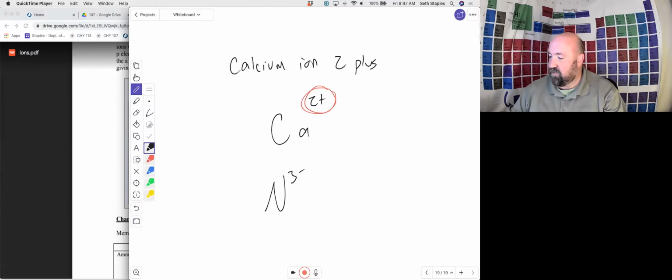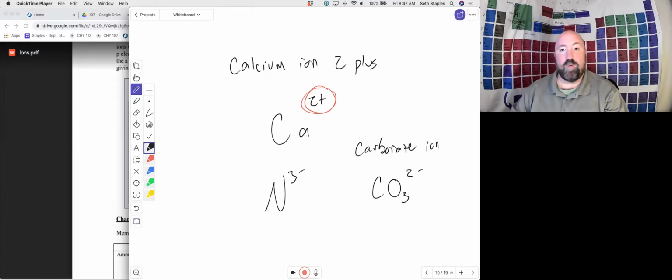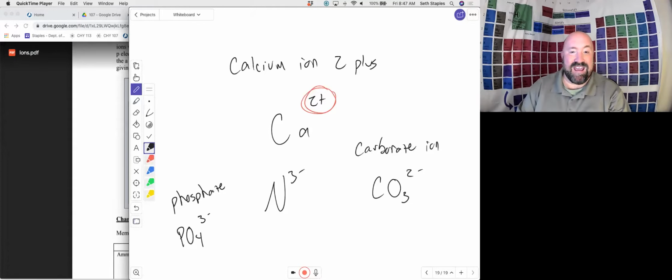For instance, the carbonate ion is CO3, and overall the whole thing has a 2 minus charge. Or maybe the phosphate ion, PO4 with a 3 minus charge.